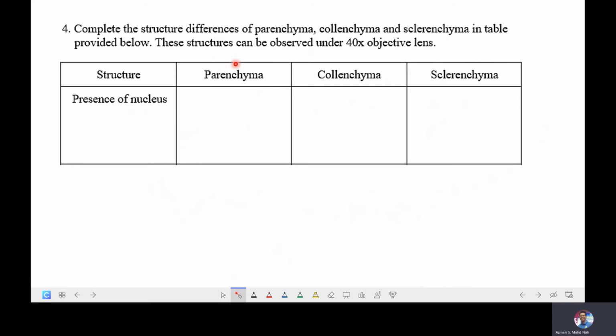We need to understand that parenchyma cells are living cells, and so the nucleus will be present. The same goes for the collenchyma tissue, in which the collenchyma cells are also a type of living cells. So nucleus is also present in the collenchyma tissue.